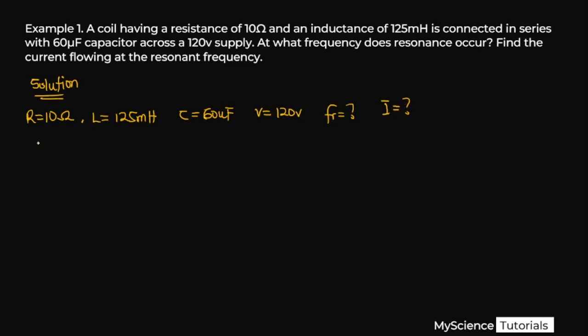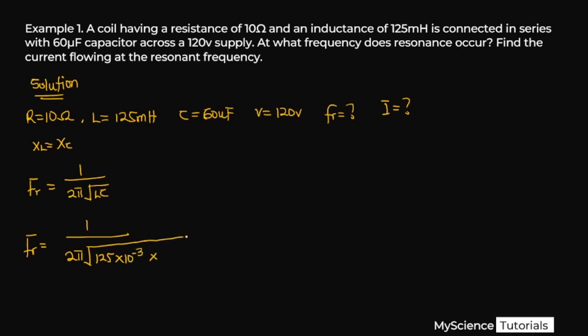We stated the fact that at resonant frequency XL is equal to XC, where we went ahead and found out that the resonant frequency FR is equal to 1 over 2 pi root LC. So from here we can go ahead and find our resonant frequency to be equal to 1 over 2 pi root of L, the inductance given to us over here, 125 times 10 raised to the power negative 3, multiplied by the capacitance, 60 times 10 raised to the power minus 6.